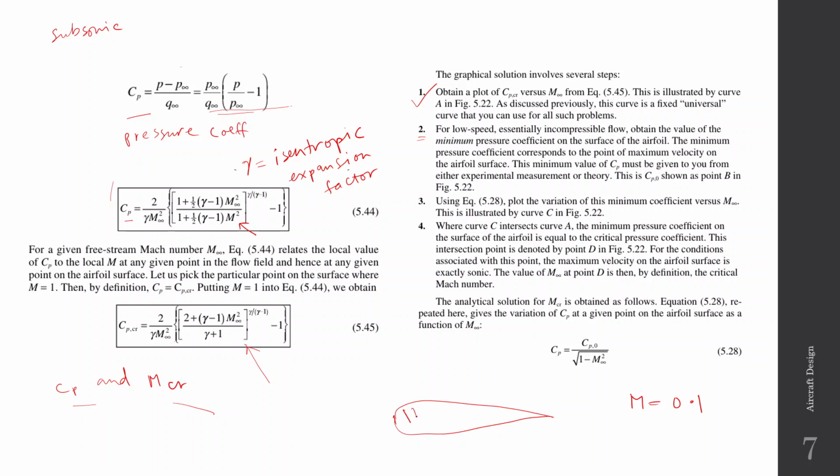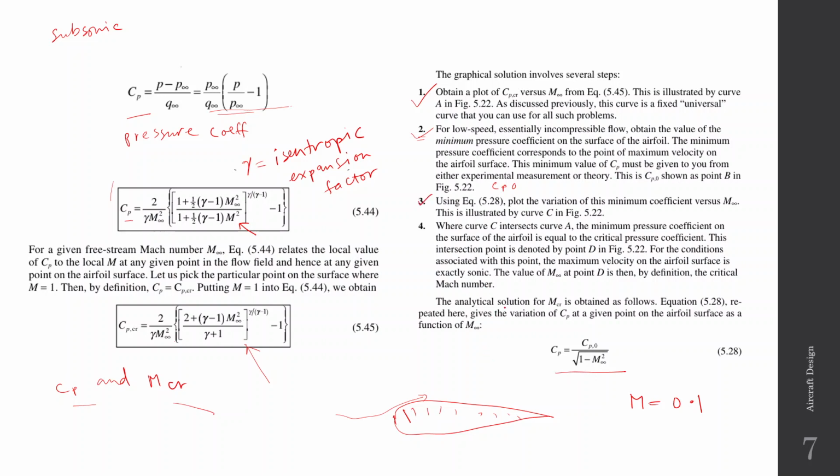So you will put pressure sensors across the aerofoil, and then you will start the wind tunnel at Mach 0.1. Then you will measure CP naught. So from this step you can get CP naught. Then you can use this CP naught and plot a variation of CP versus Mach number using this relation 5.28.